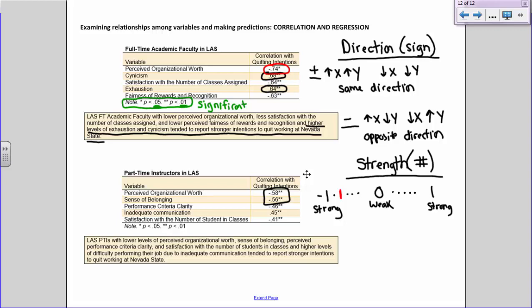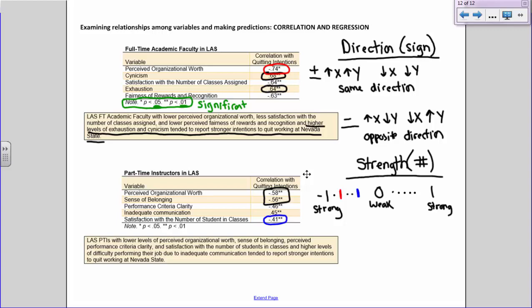The weakest relationship that I have up here is this negative 0.41, and that would be right around here-ish, right? It's still a pretty strong relationship, but it's weaker than the original, the negative 0.74, okay? So the closer to 1 or negative 1, the stronger the relationship, the more consistent the relationship. And the closer to 0, the less consistent or the weaker the relationship.